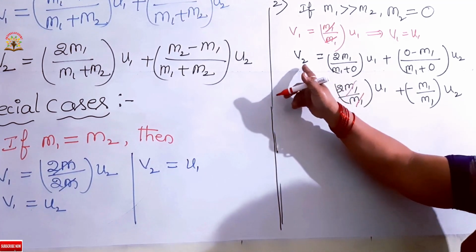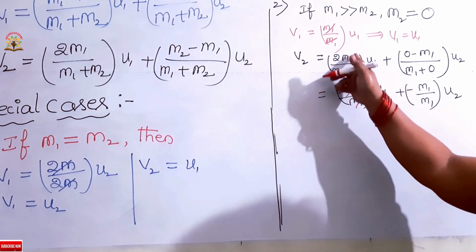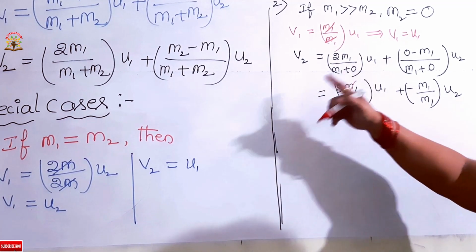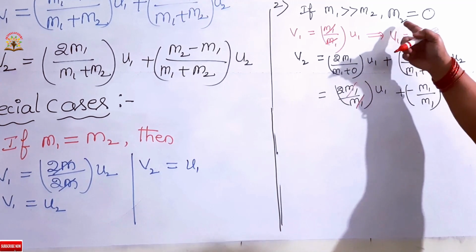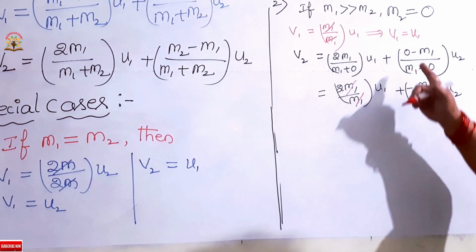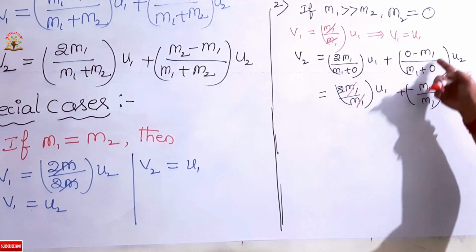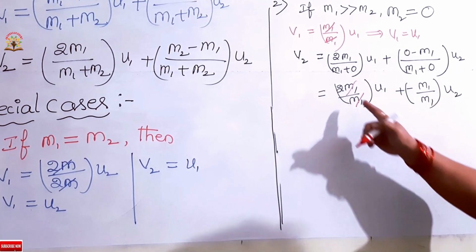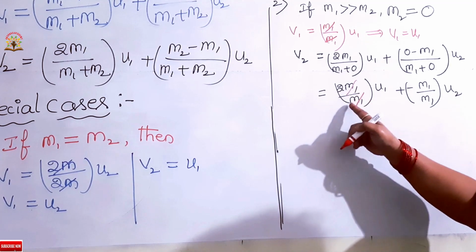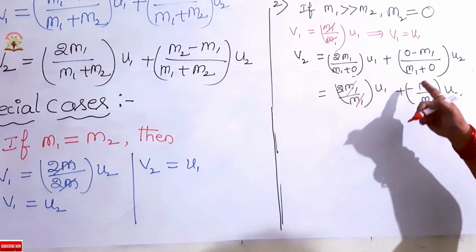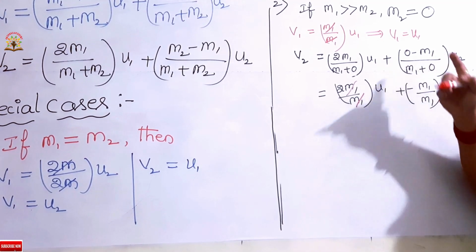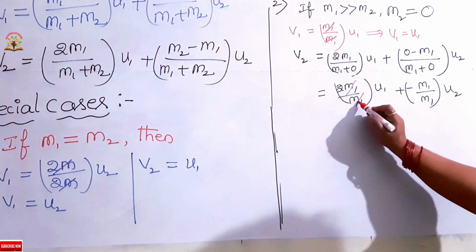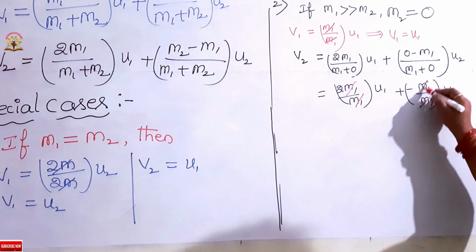Now we are writing the expression for V2. 2M1 by M1 plus 0. Why are you writing 0 in the place of M2? Our condition is M2 is equal to 0. And next, 0 minus M1 by M1 plus 0 of U2. Next, 2M1 by M1 plus 0, M1. And here 0 minus M1, minus M1 by M1 plus 0, M1. M1 cancel each other here also.